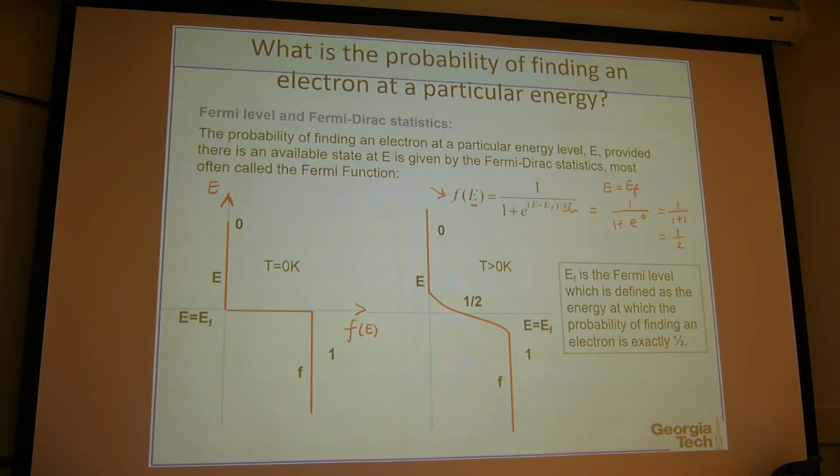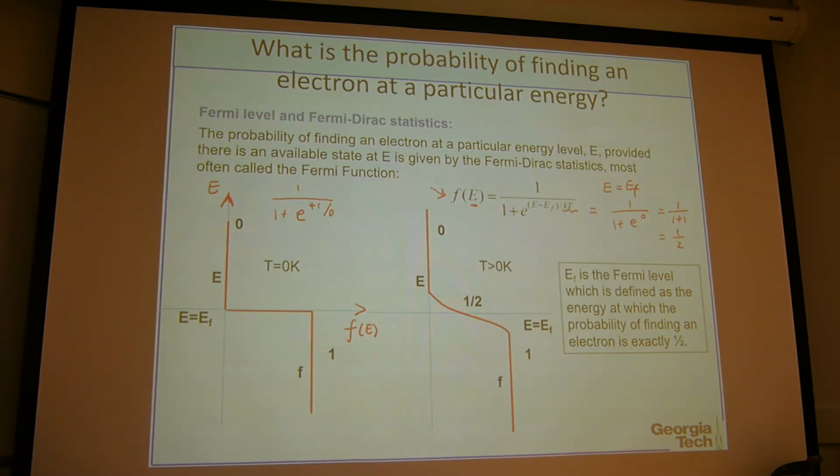So let's say T equals 0, this is at absolute zero temperature. This function becomes 1 plus, if your energy E is not higher than EF, then you will get a positive number divided by kT, and T is 0, so it is divided by 0.